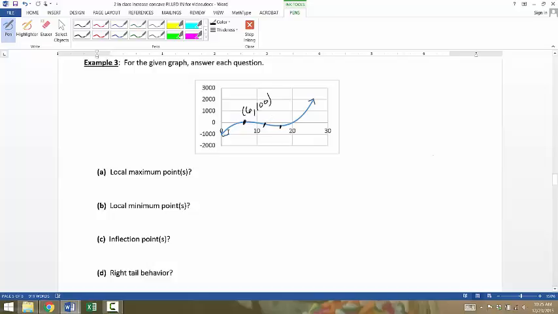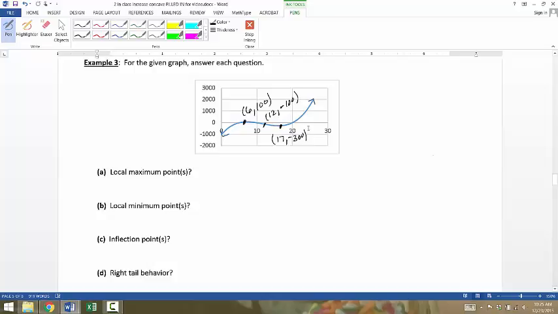This inflection point where it changes from concave down to concave up looks like it's maybe x is about 12. Y, I'm going to say, is about -100. And here, this local minimum point, lowest point in its little region, I'm going to say it's about x is 17, y is maybe -300.